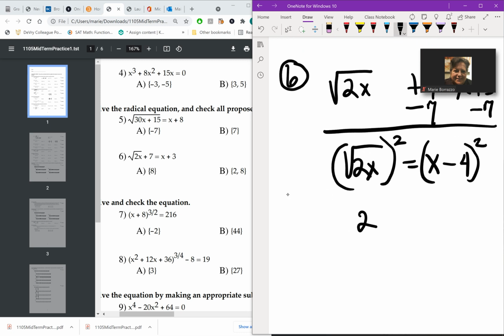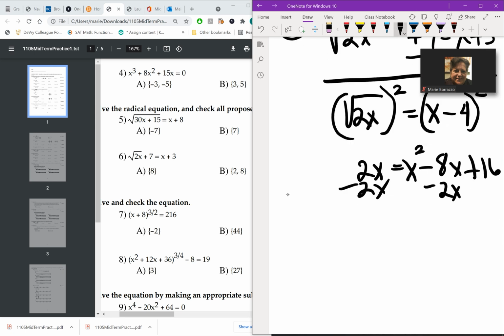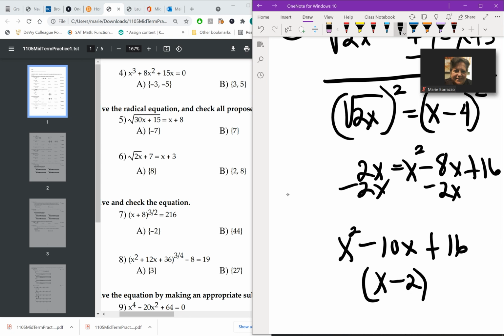This is going to leave me 2x is equal to x squared minus 8x plus 16. If I subtract the 2x on both sides, I'm now left with x squared minus 10x plus 16, which factors as x minus 2 times x minus 8.